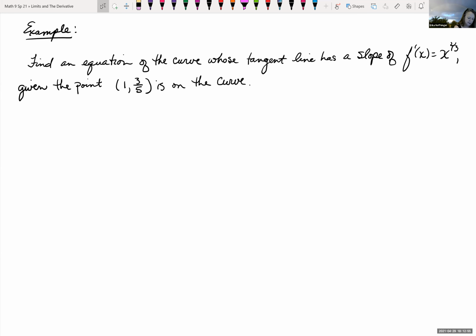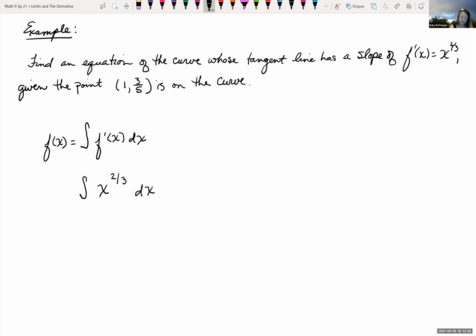So we are given the derivative, and we can find the original function f of x by taking the antiderivative of the derivative function. So let's look at the integral of x raised to the 2/3 power dx.